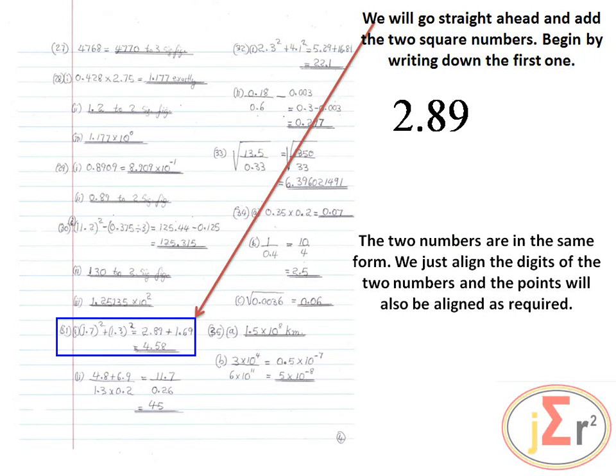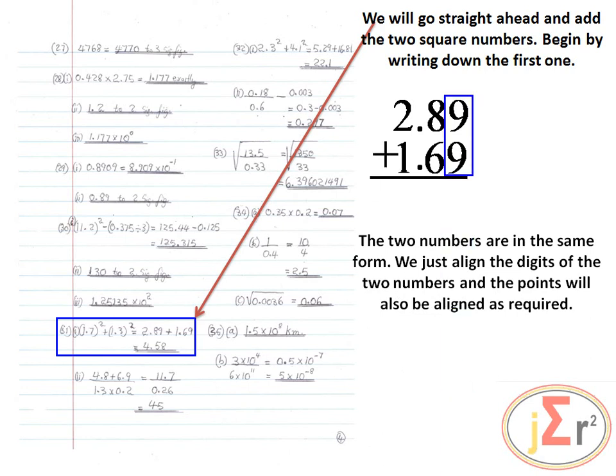When we're adding numbers that have decimal fractions, the points will have to be vertically aligned. But in this particular case, if we just throw the two numbers in, align the digits, then the points will be aligned automatically because we have the same number of digits and the same number of decimal places. Put the point in and that's all there is to it.